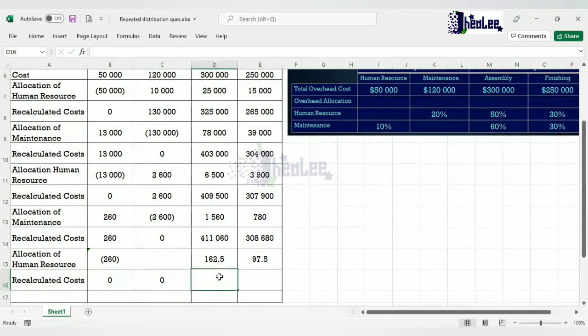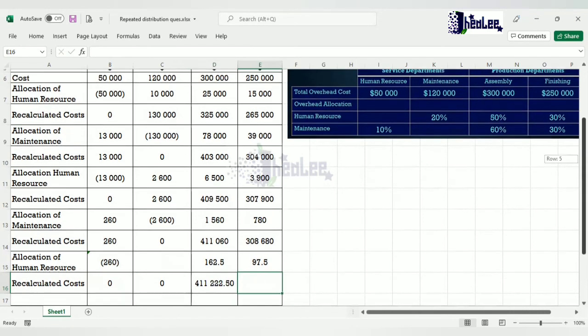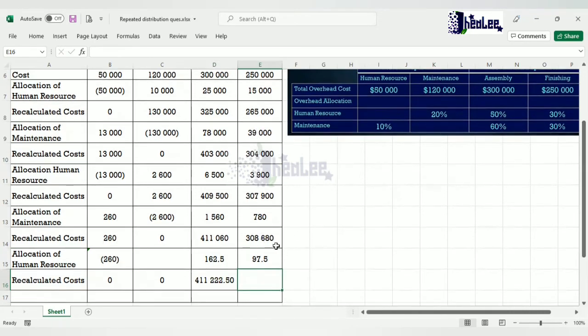For the assembly department, the previous recalculated cost was $411,060. To that, we're going to add $162.50, and that now gives us a total of $411,222.50.